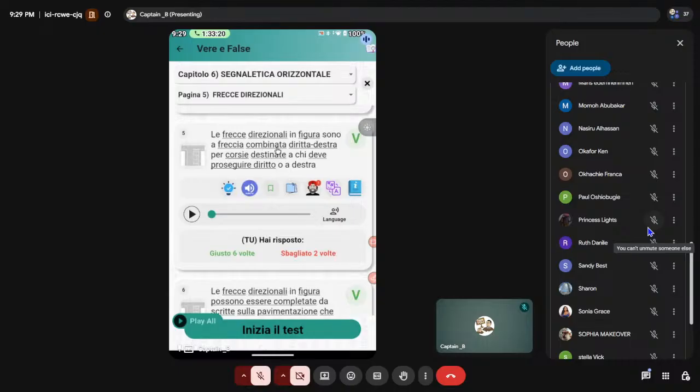Combinata, they are arrows combined. Now, did you notice if there is any combined arrow in this junction? Yes, there is, the arrow on the right. He said frecce combinata, which is combined, diritta, destra, go straight or turn right. So that is the lane that has a combination of arrows.